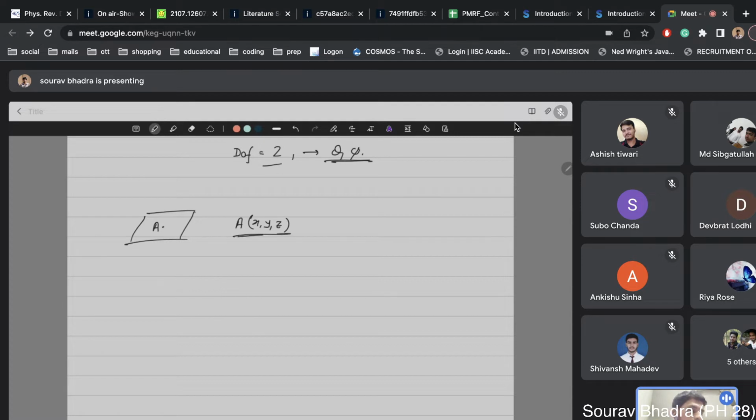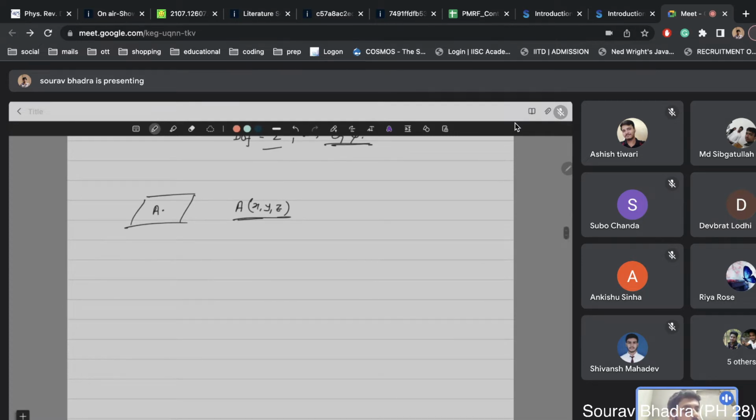I am taking the Cartesian coordinate, and the equation of the surface is, let's say, phi(x, y, z) equals 0. Like in your question, it is given that the equation of the surface is x plus 2y plus 3z equals 0. It is the same, it is phi(x, y, z).